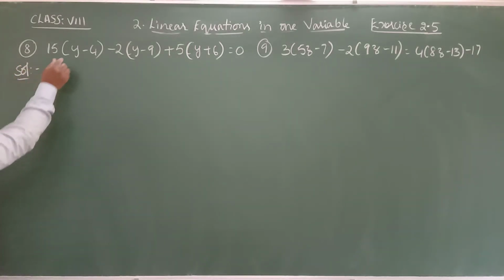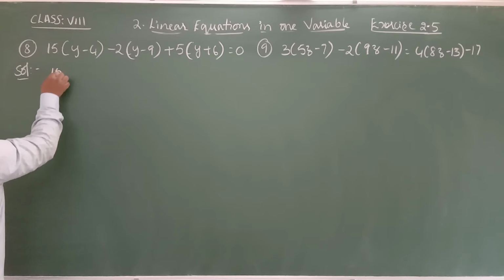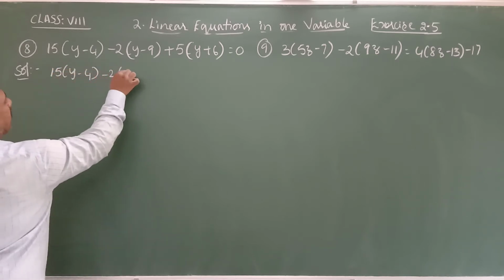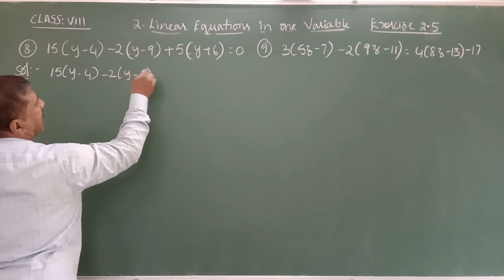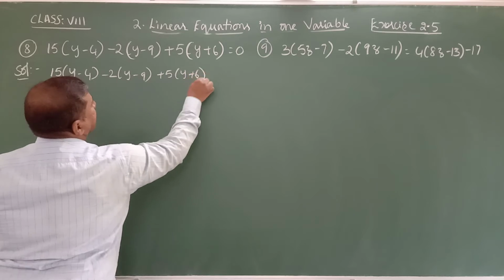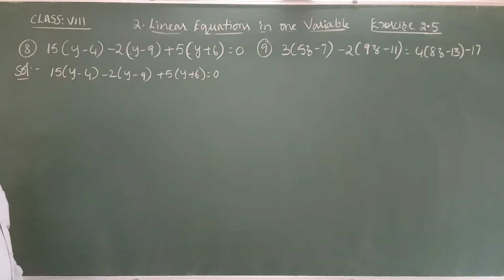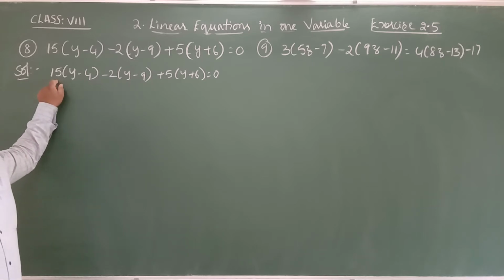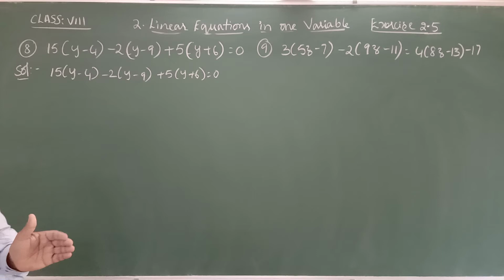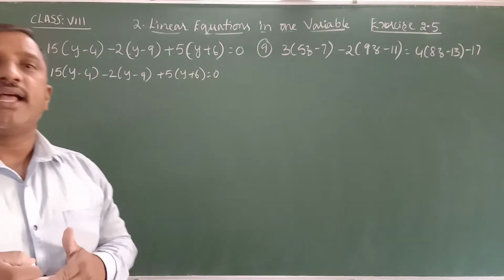Here it is. The given equation is 15 into whole y minus 4 minus 2 into whole y minus 9 plus 5 into whole y plus 6 equals 0. Now you simplify this. We have come across algebraic expressions and identities: multiplication of a monomial by a binomial.